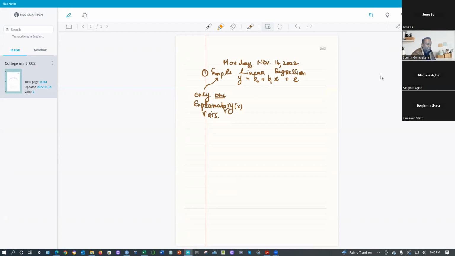I have to write each and every letter separately. Linear doesn't mean you're going to get a straight line. The right way to look at it is that b naught and b1 are in linear form. That's why we call it linear regression, not because of the straight line.